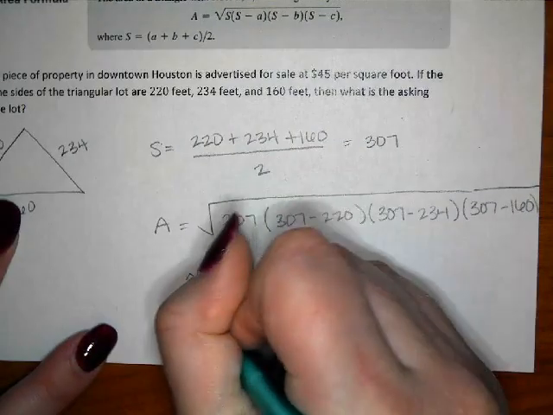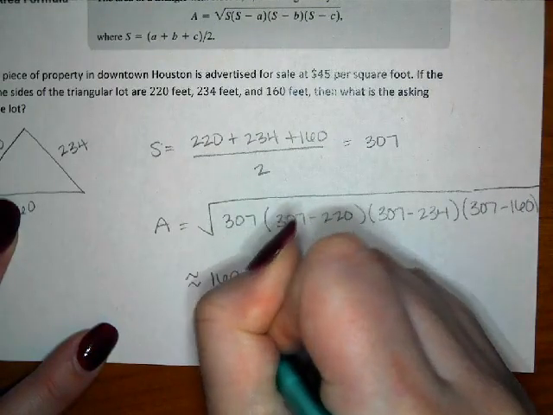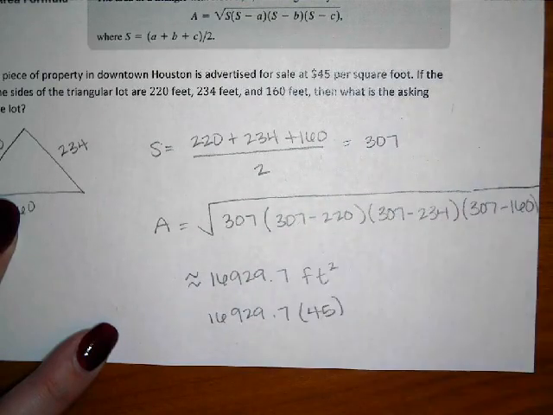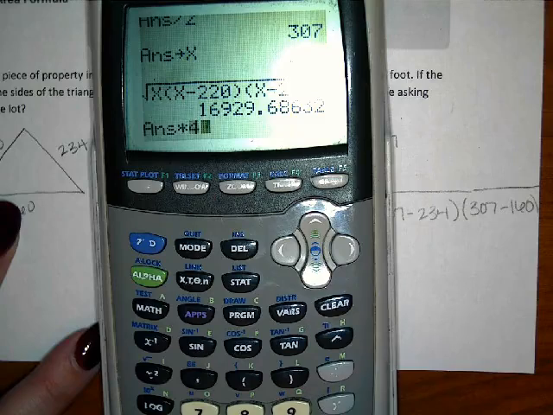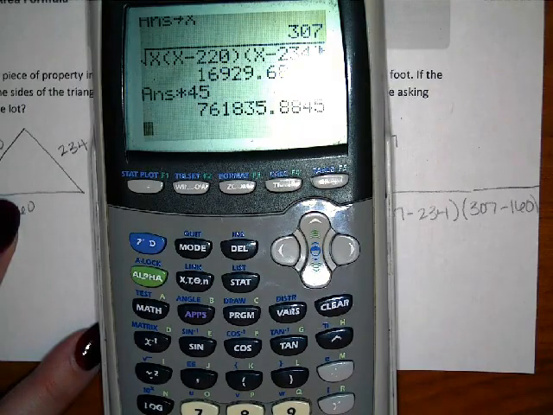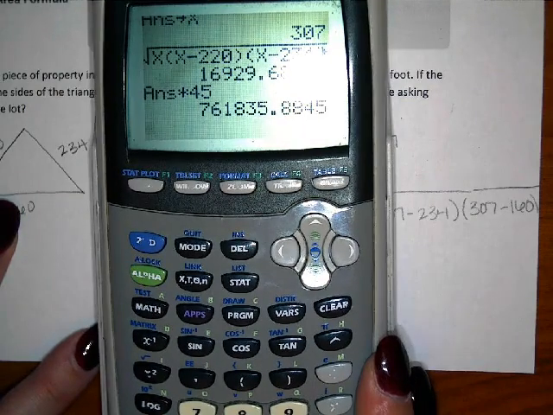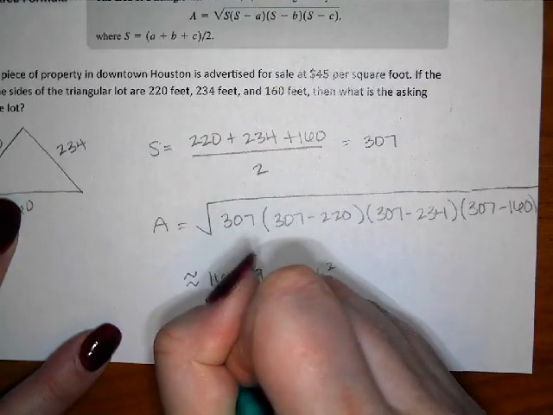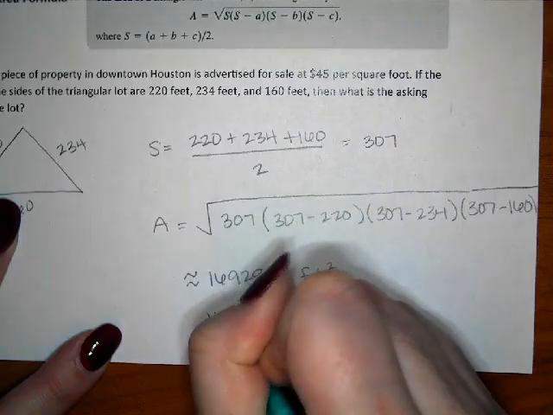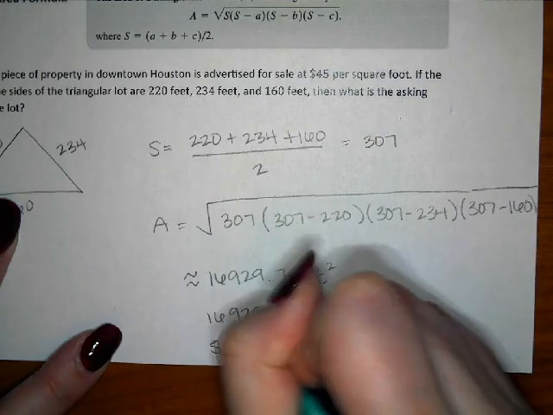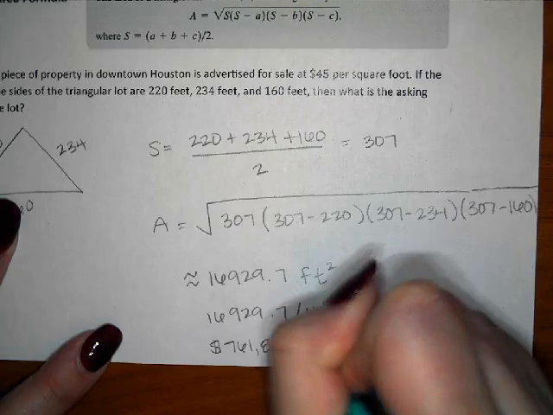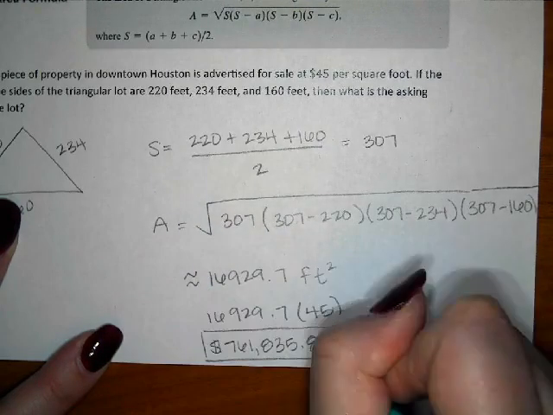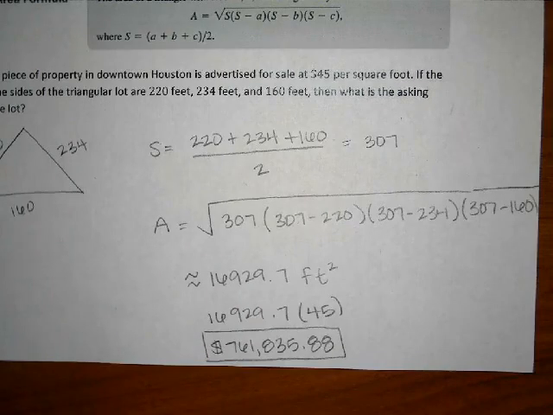So I'm going to use that decimal in my calculator. I'm going to multiply it by $45. So $761,835.88. There we go. So this was your area, and then this is the asking price for the lot based on $45 per square foot.